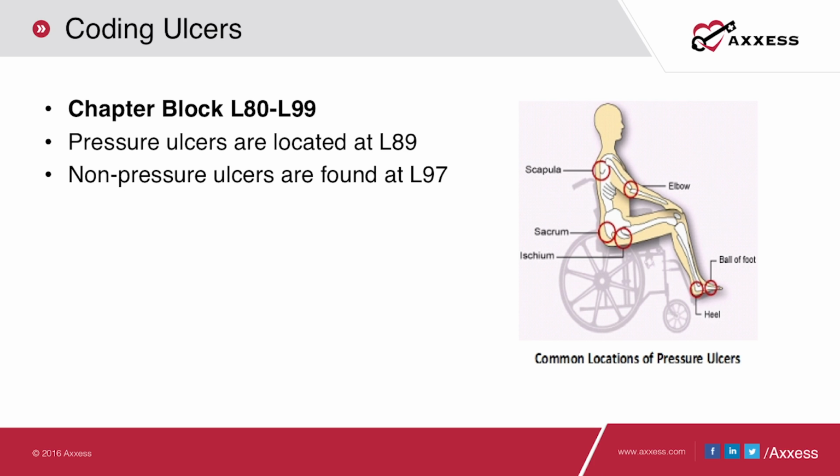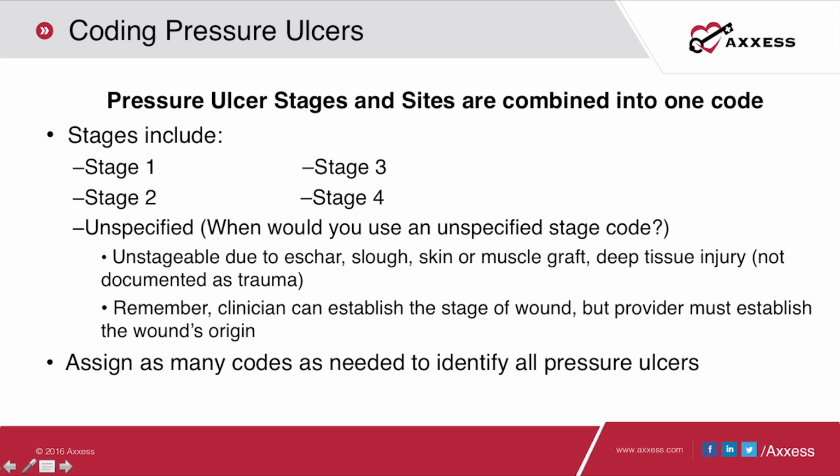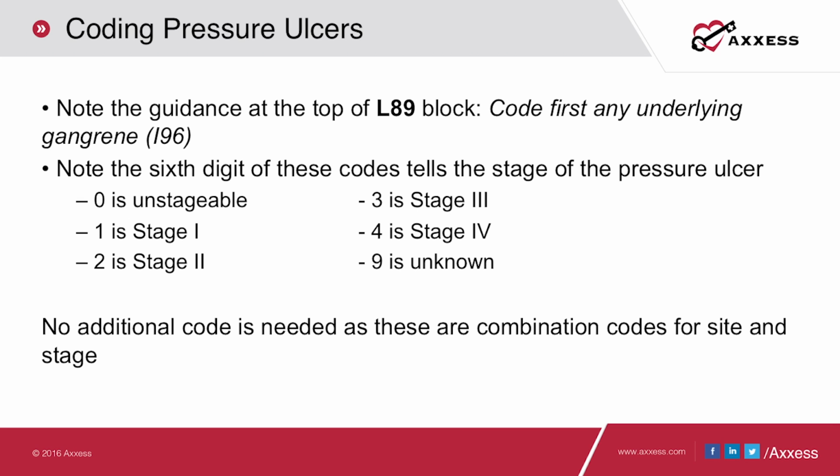And you see in our little diagram here some common locations of pressure ulcers. So again, you're going to assign as many codes as are needed to identify all the pressure ulcers. So in ICD-10, if you have multiple pressure ulcers in multiple sites, you will have the flexibility of having multiple codes that include the site and the stage. We won't be coding those like we did in ICD-9, okay?